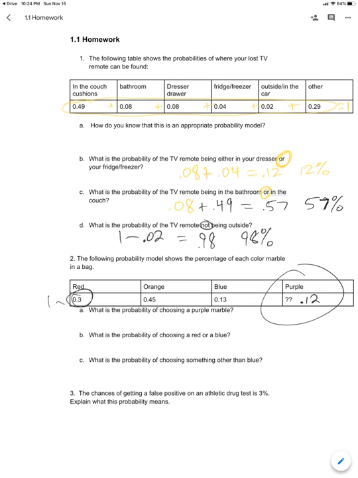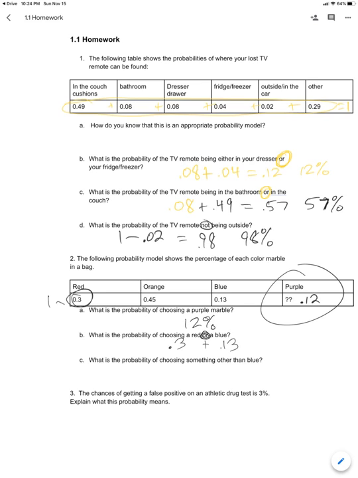So part A is, what is the probability of choosing a purple marble? That'd be 0.12 or 12%. What is the probability of choosing a red, again, or meaning plus, red is 0.3, not 0.03, plus a blue, 0.13?